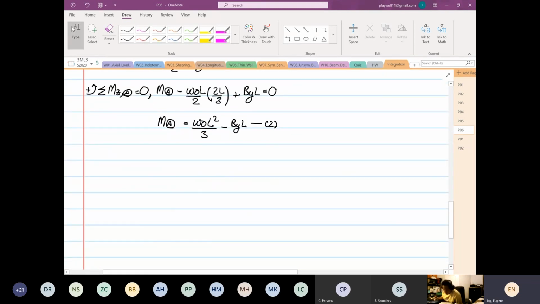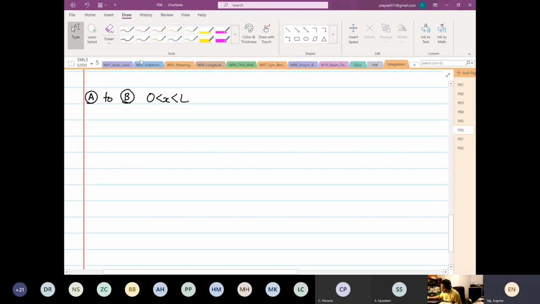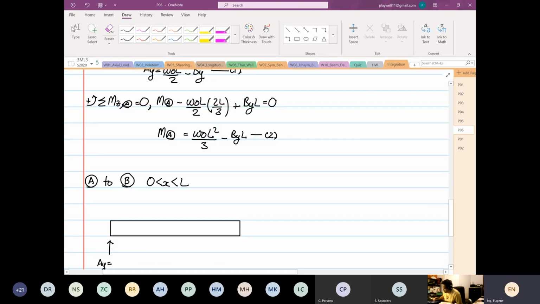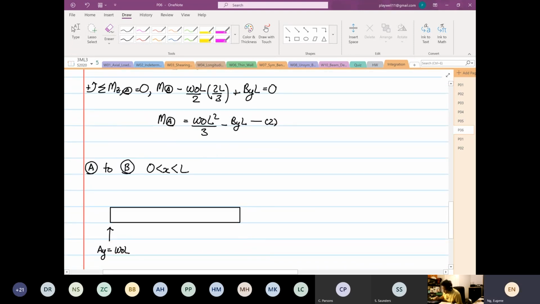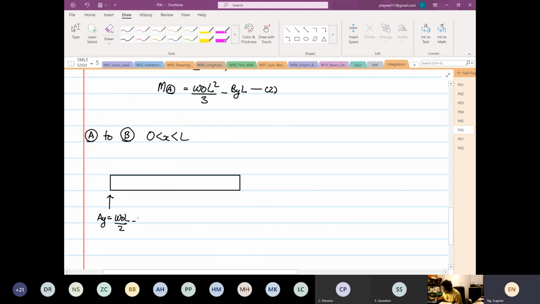We are going to form our equation from point A to point B, so x from 0 to L. This is our AY, which we got as omega naught L over 2 minus BY.